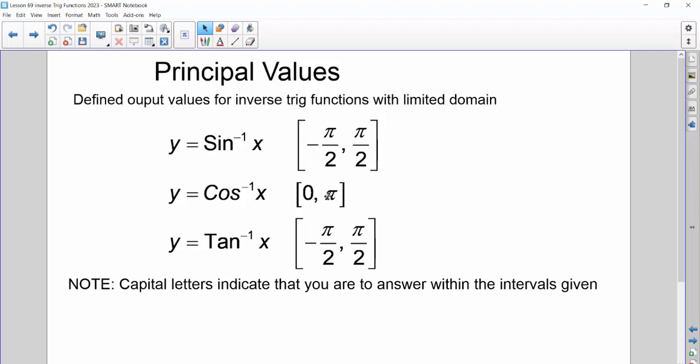For cosine, it's from 0 to pi, and for inverse tangent, it's from negative pi over 2 to pi over 2. And the capital letters notate that you are talking about principal values. If it's small case, we'll deal with that in another moment.